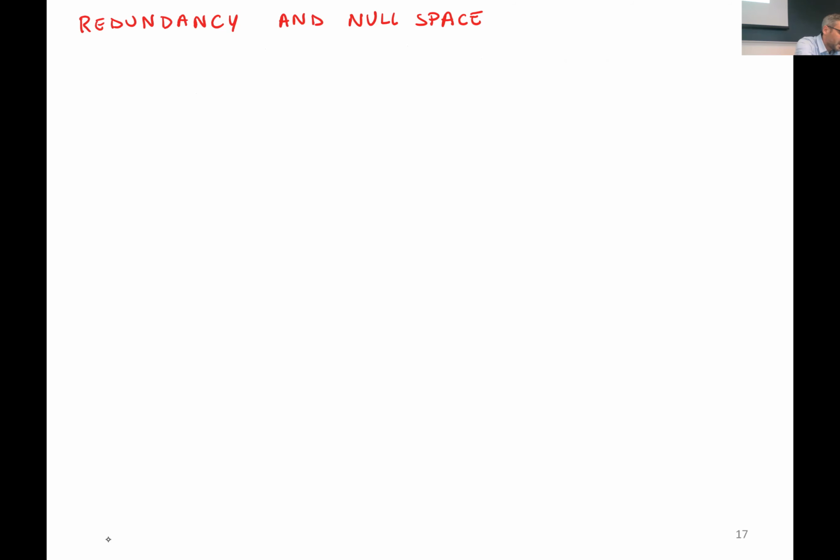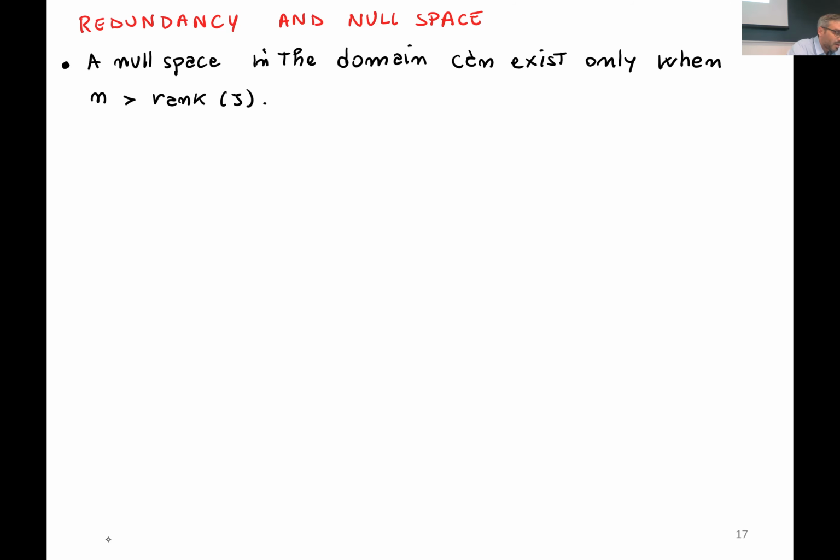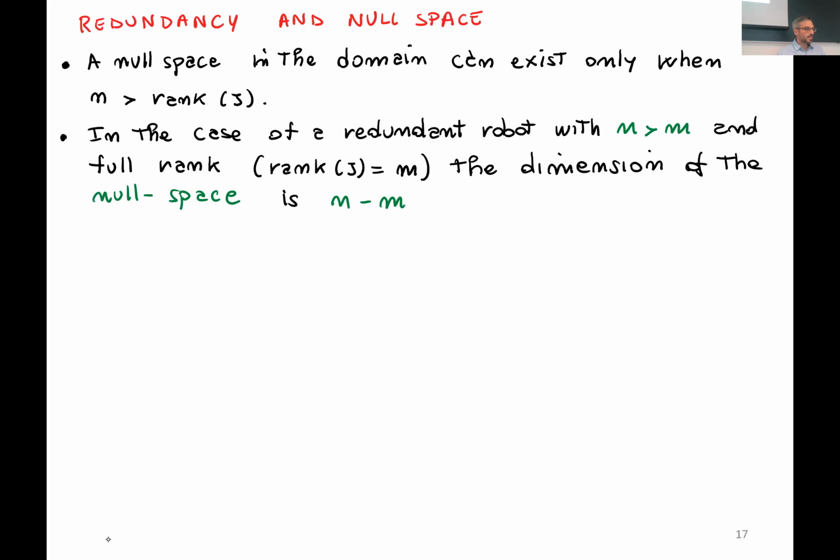So a null space always exists if we are talking of a redundant robot, which means we have more columns than rows. The null space can exist only whenever the rank of the J matrix is smaller than the number of joints, the columns.